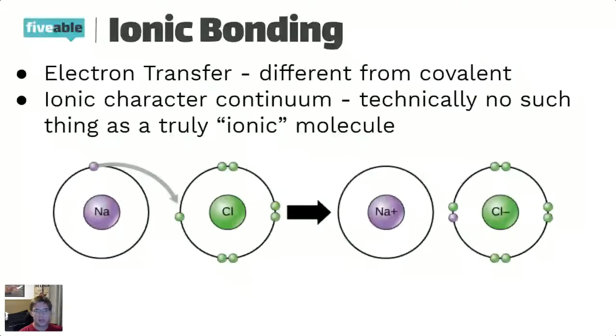The aluminum has three electrons that need to get ripped off of it because it's technically a metal. That takes so much energy to rip three electrons off that aluminum that in reality, there's going to be some form of a sharing situation. So when you see metal, non-metal in a formula, think ionic, but also remember that there really isn't a truly ionic molecule where there's a direct, this has no electrons, this has eight electrons.